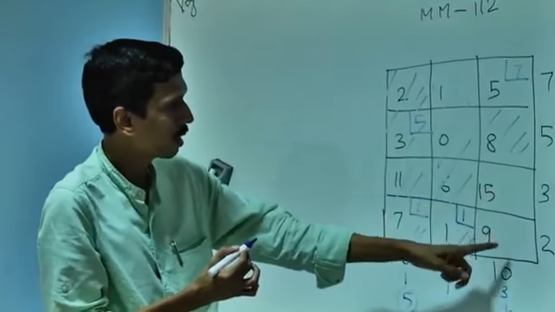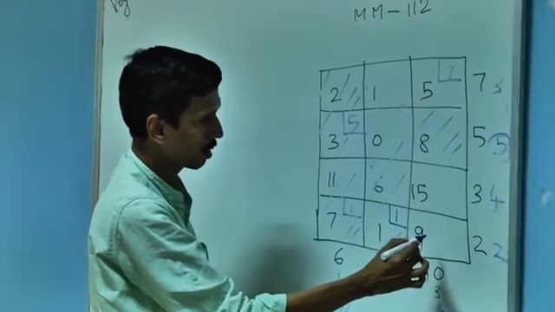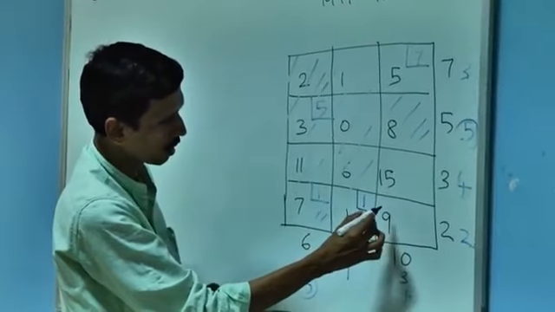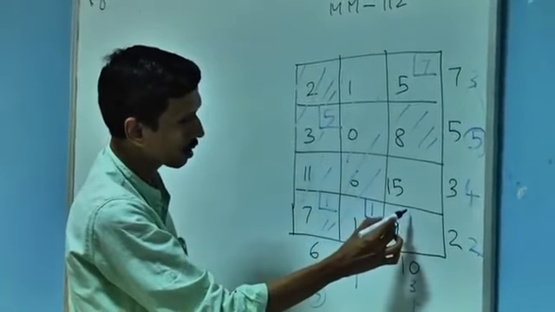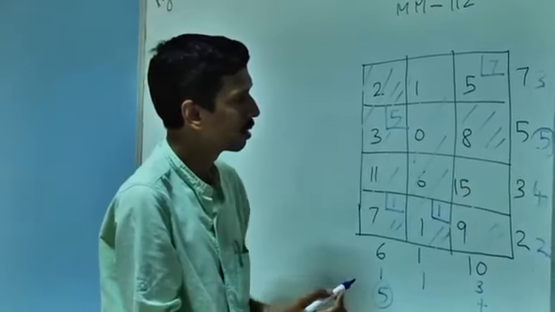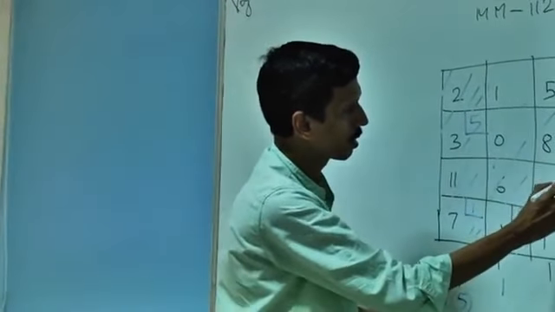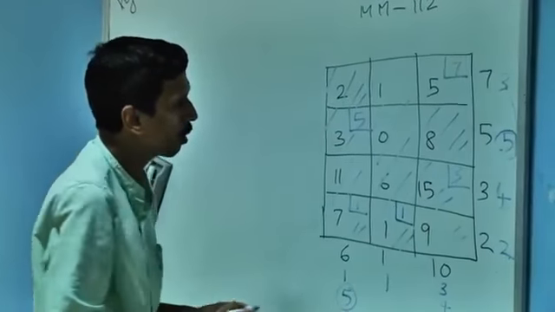Then least cost here, how much? 2 already exhausted here. 1 and 1 is given here. So for here, 3. Okay, finished.